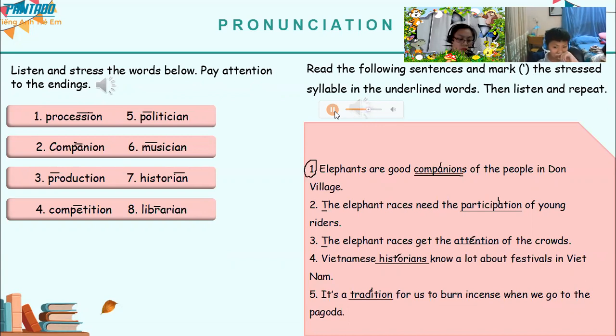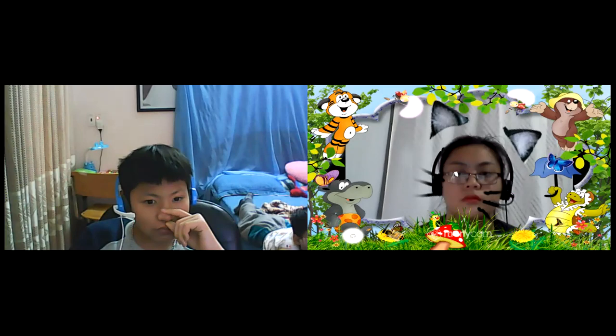The elephant races get the attention of the crowds. 4. Vietnamese historians know a lot about festivals in Vietnam. 5. It's a tradition for us to burn incense when we go to the pagoda. Okay.